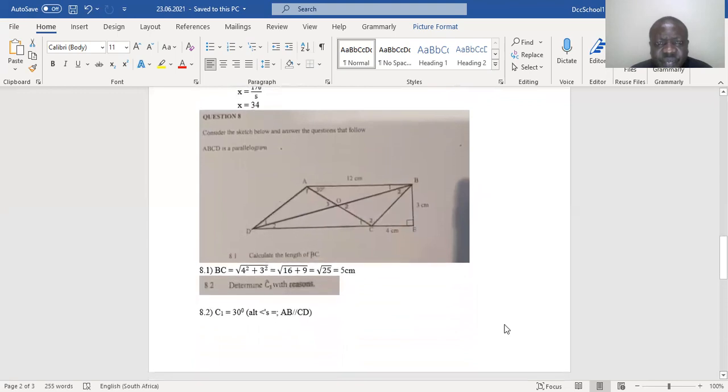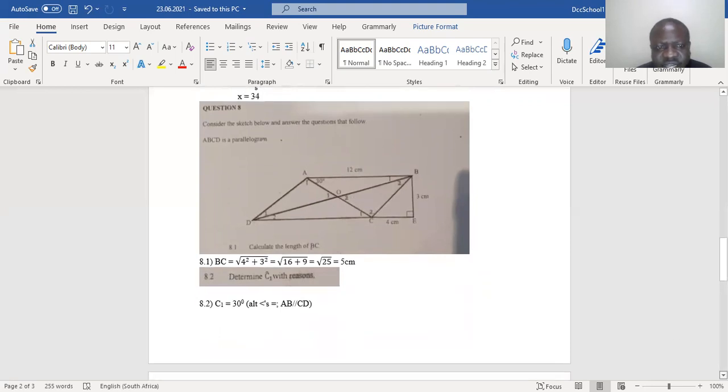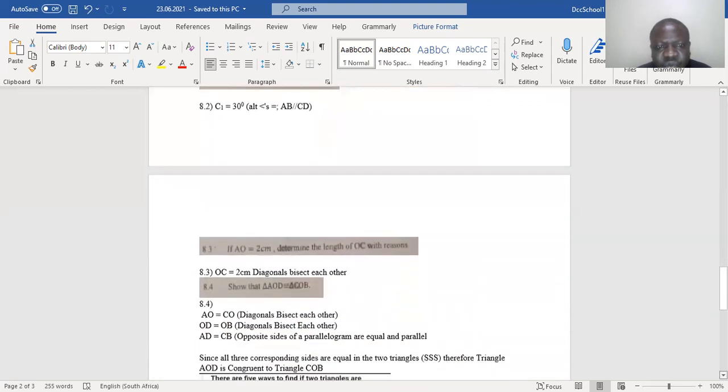Also, when you see a parallelogram, the opposite sides are parallel and equal. So the alternate angles come into play, the corresponding angles come into play if they are extended lines. And you can also use the Pythagoras theorem on this right-angled triangle to solve your problems.